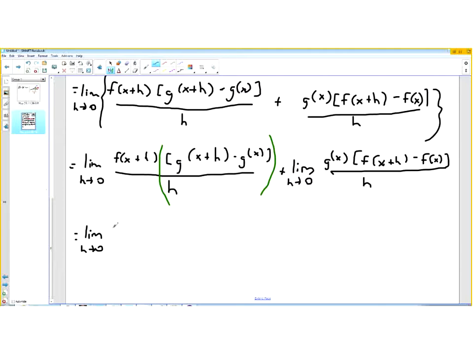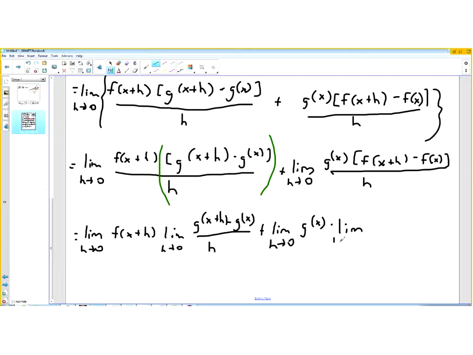Distributing the limit operator to each factor in the product, we'll have the limit as h approaches 0 of f of x plus h, times the limit as h approaches 0 of g of x plus h minus g of x over h, plus the limit as h approaches 0 of g of x times the limit as h approaches 0 of f of x plus h minus f of x over h.